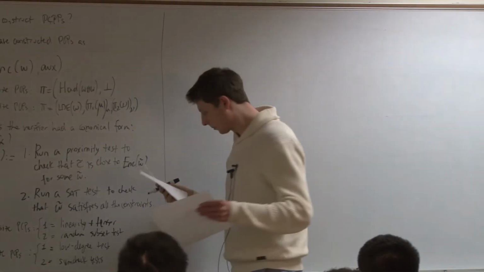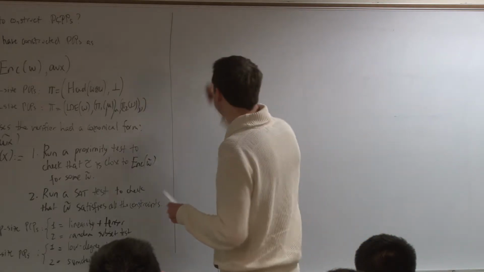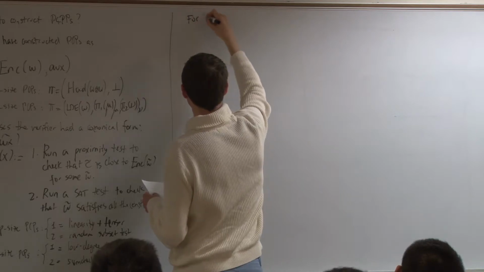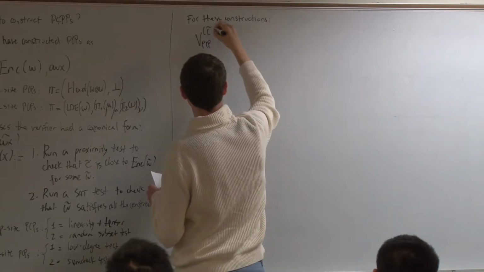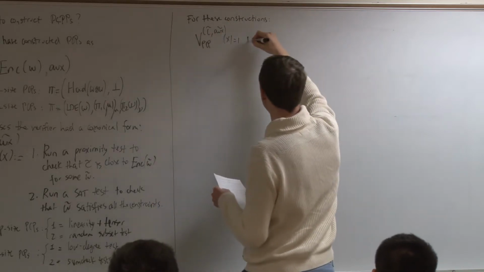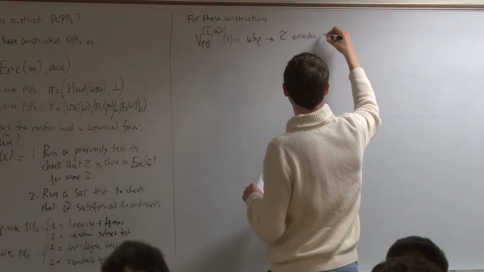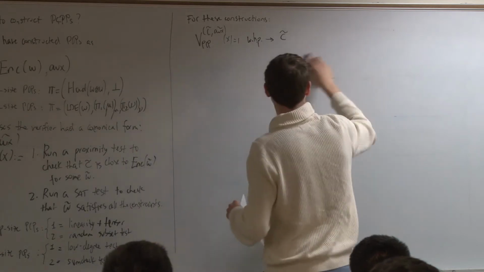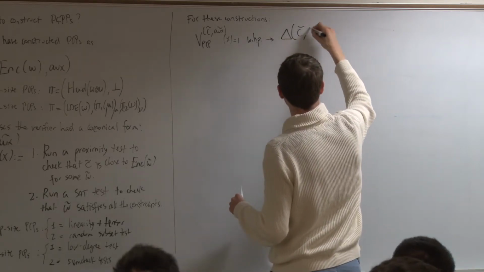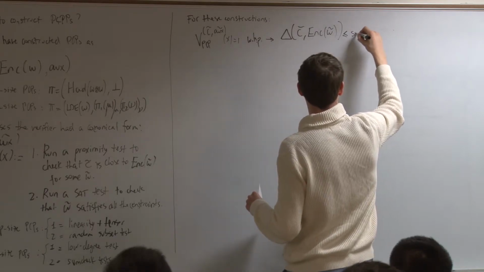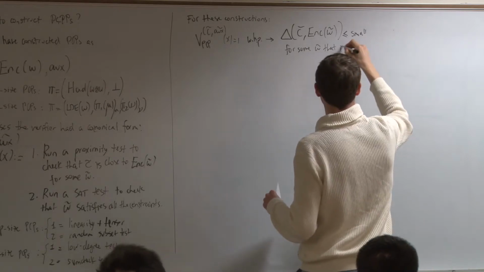All right, so given this general pattern, and then in sum, for these constructions, basically what we proved is that if the VPCP given C tilde and aux tilde outputs 1 with high probability, say more than a constant, then we know that C tilde encodes, or rather is close to, let's say, the distance of C tilde to the encoding of W tilde is small, for some W tilde that is a valid witness.